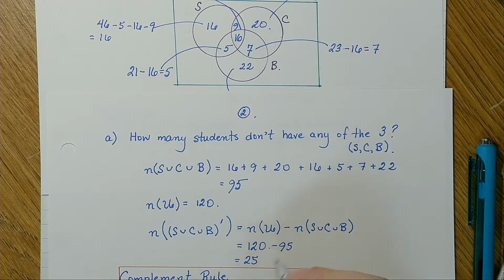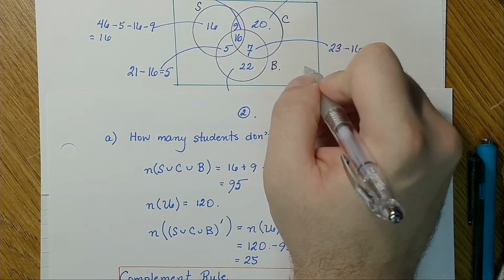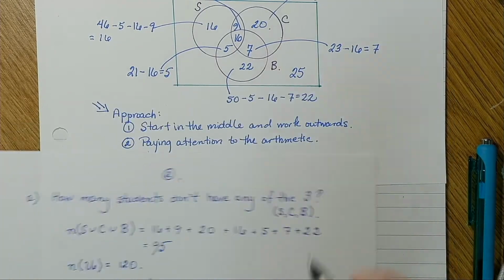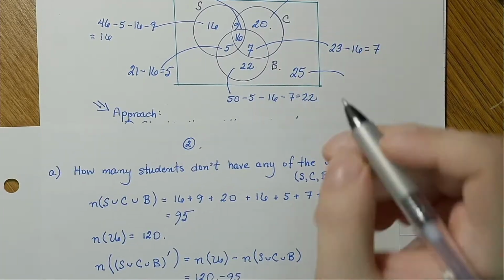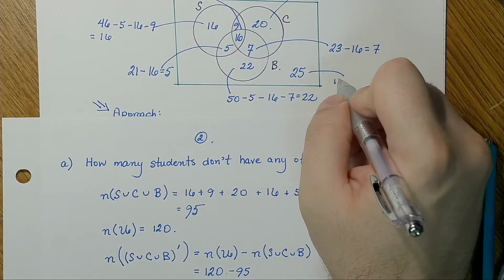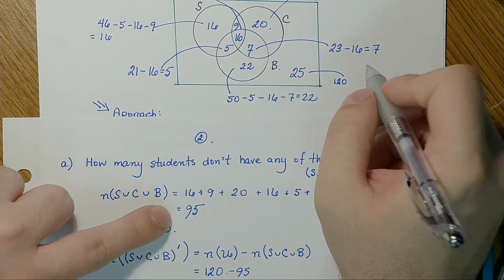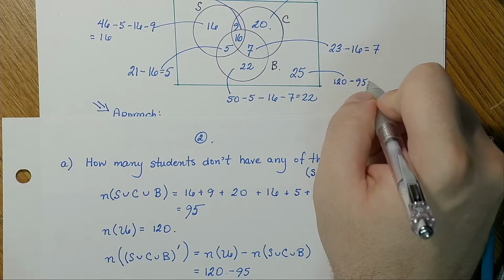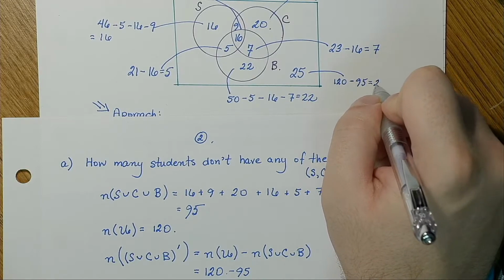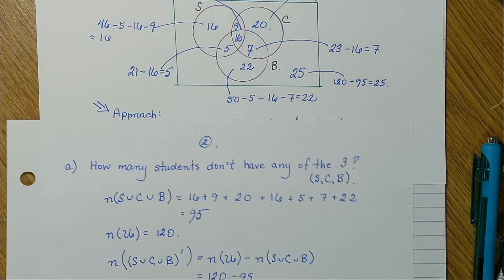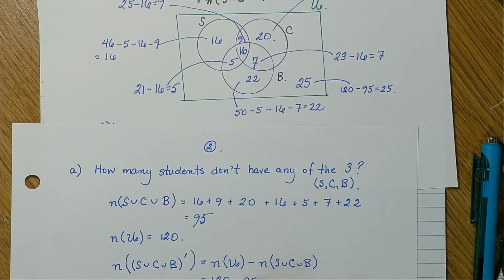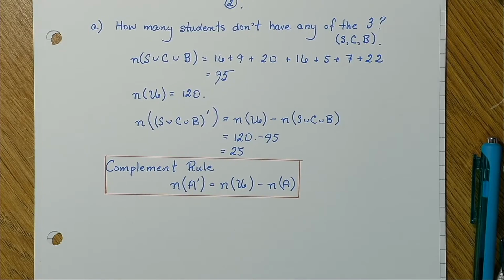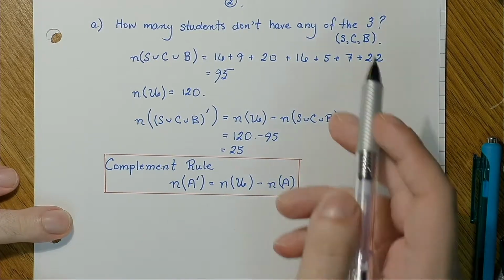So we'll also put in here everything outside of it. So 25. So there's the 25, and if you wanted to put some little bit of writing for that, that would have been the 120, and then we're subtracting that 95, which is on the inside, which leaves us with the 25. Okay. So we did how many students don't have any of the three, which is the complement of the union.